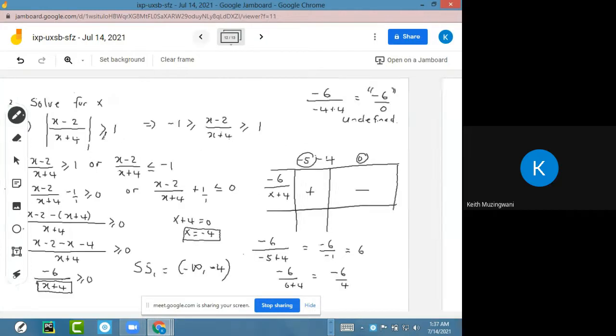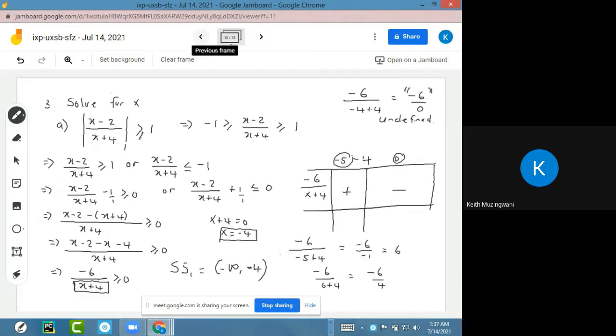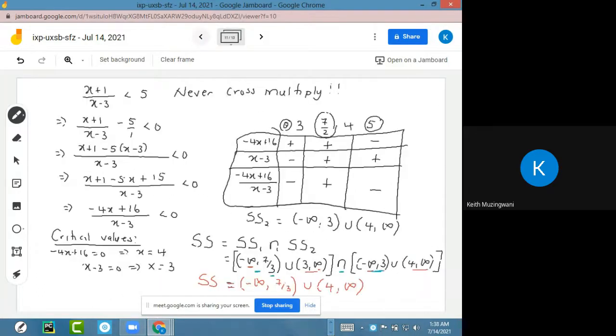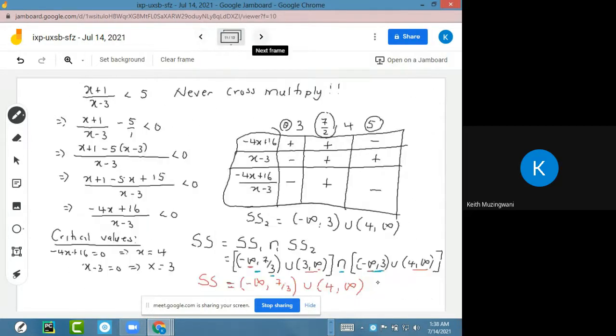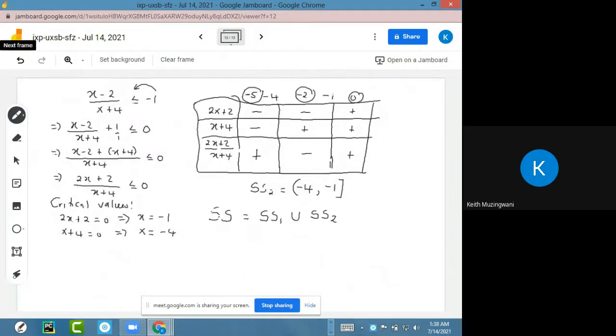So it's different now. When we have greater or equal to, we keep our solution sets and get the union. When it was less or equal to, or just less, we got the two solution sets and then intersected them. So what we are doing now is getting the union of them.